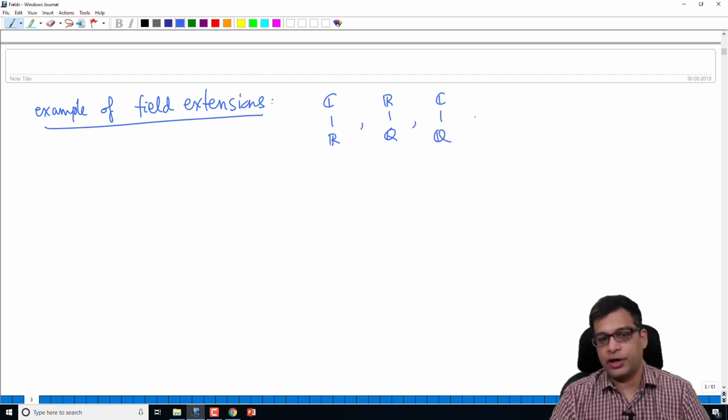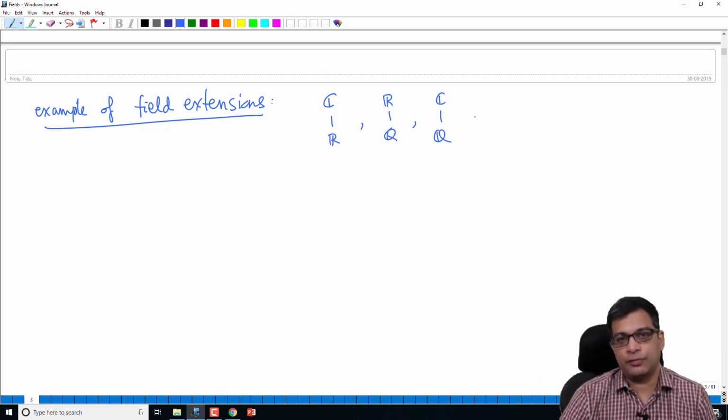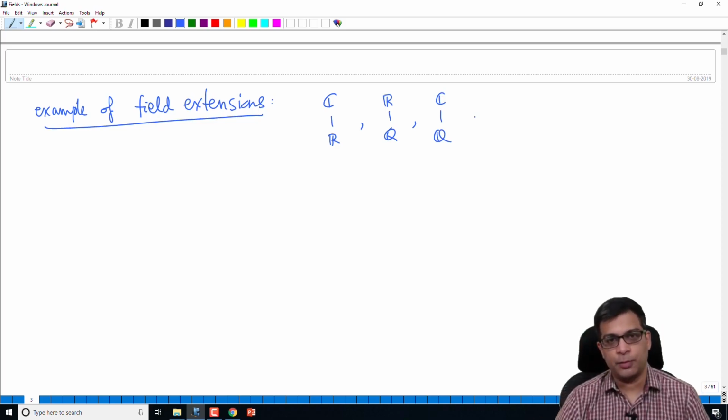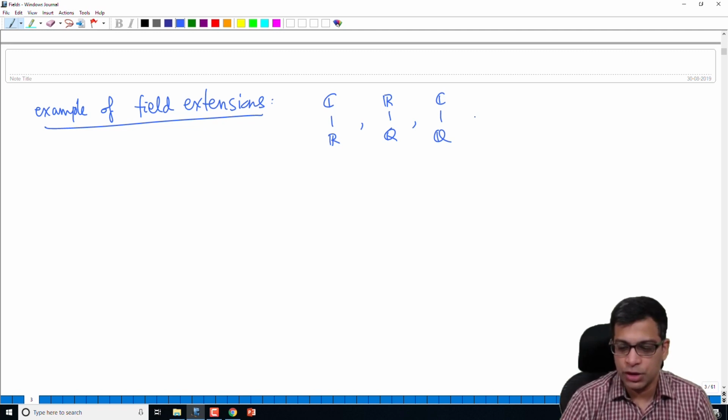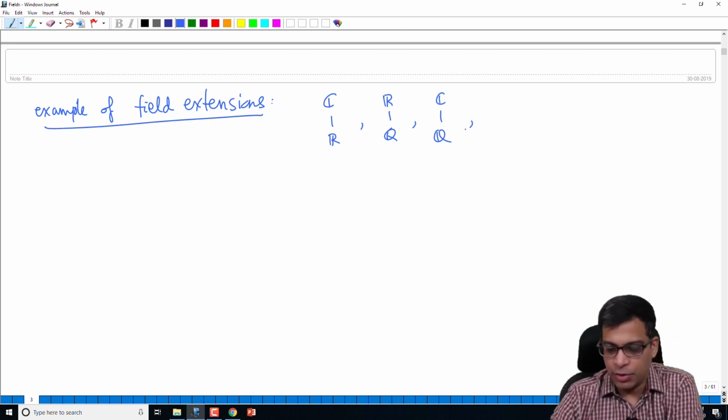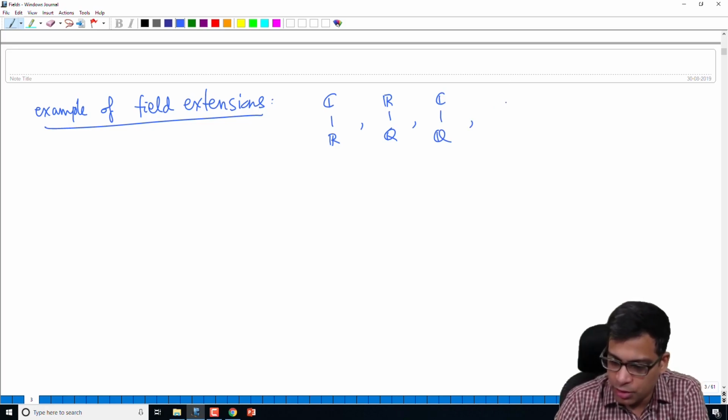we have not yet learned of any field extension of Z mod PZ, right? So there are field extensions of Z mod PZ, and that's going to be discussed when we study finite fields explicitly. We are going to study finite fields in a few videos. So there we will study field extensions of Z mod PZ, but for now let's look at some other cases.